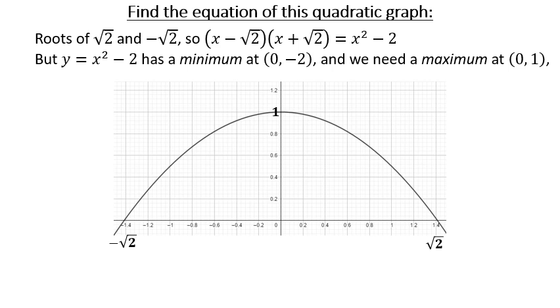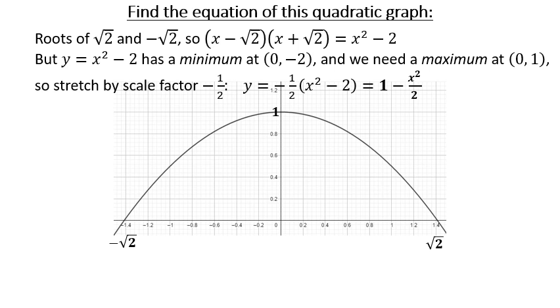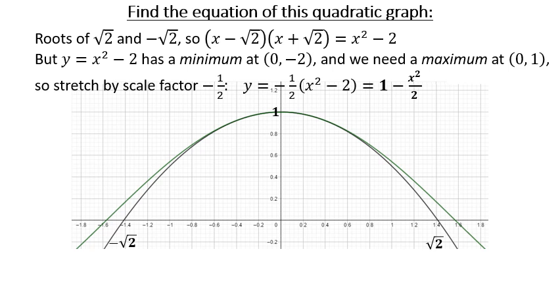If we do that, that will allow us to generate a quadratic that has a maximum point at 0, 1, rather than a minimum point at 0, negative 2. So that gives us this weird looking quadratic, 1 minus x squared over 2. What this has to do with trigonometry, you're going to start to discover soon.